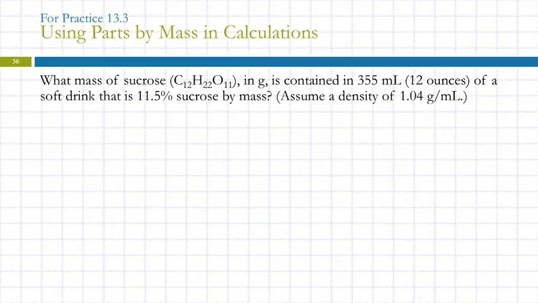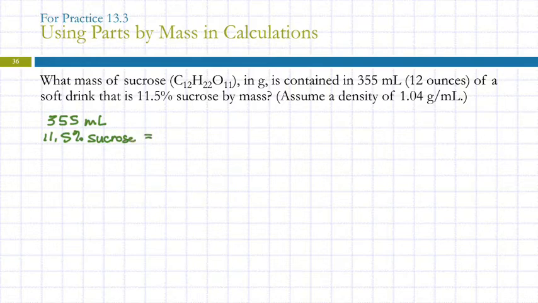So the first number is 355 milliliters. Do you think we need the 12 ounces in parentheses? No, that's an English unit. That's just there for reference to point out this is a regular can of soda, 355 milliliters. And then we've got 11.5% sucrose by mass.